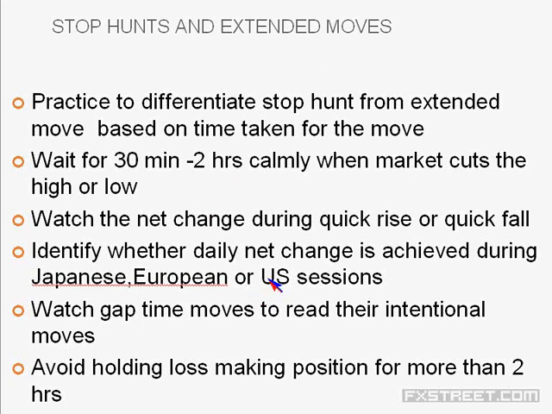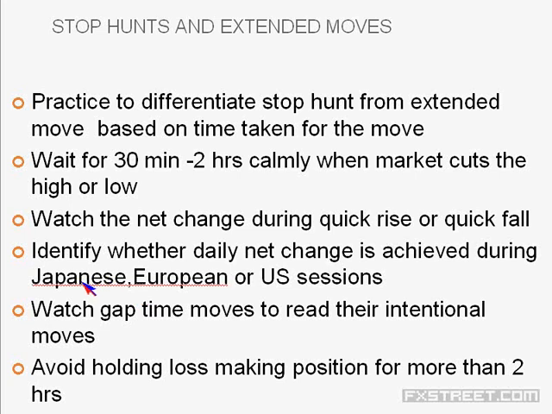So you should be able to identify with the help of the net change, the net permissible level and the current net change, compare and come to the conclusion that they have done it in a hurry mainly to reverse the market. So you have to differentiate with the help of the net change whether they intend to make the intentional move on the same day or the next day.